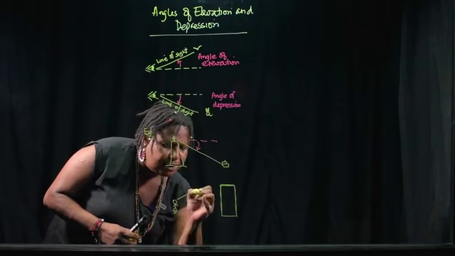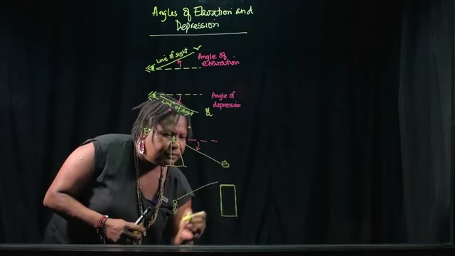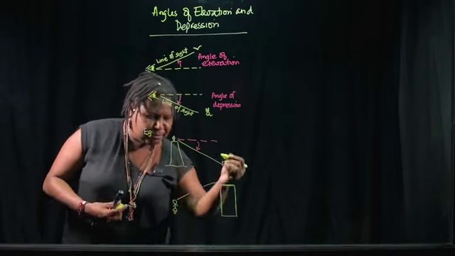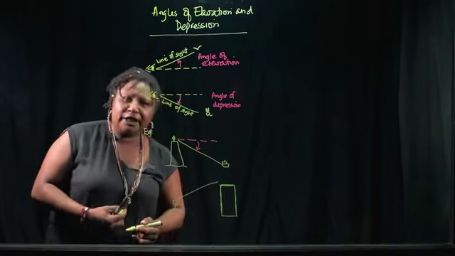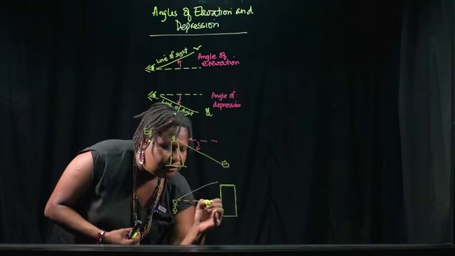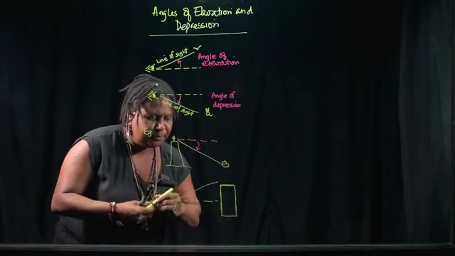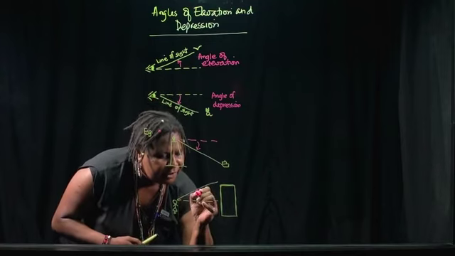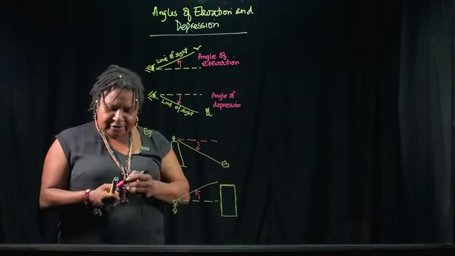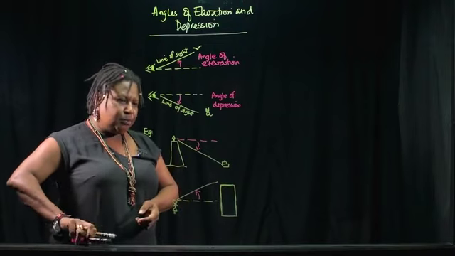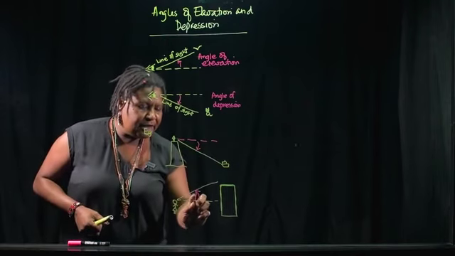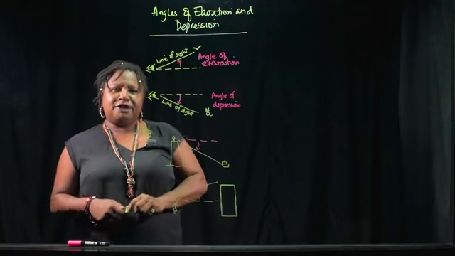She's looking up at the top of the building, amazed at how tall it is. Her line of sight forms this angle of elevation right there. Look at the direction in which our arrows are pointing. This is an angle of depression, and this is an angle of elevation.